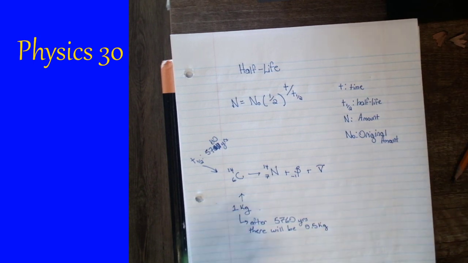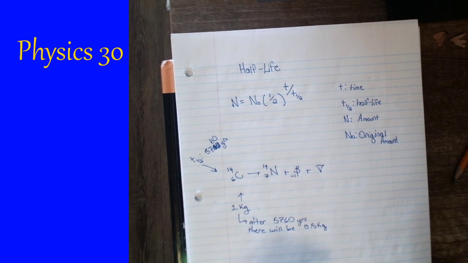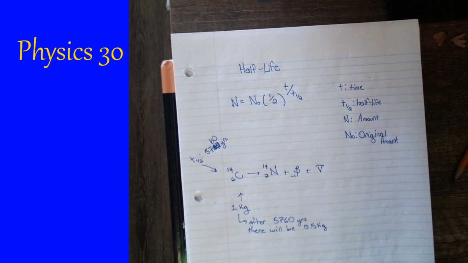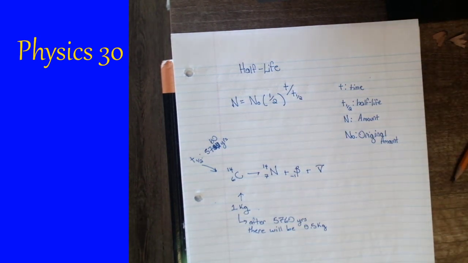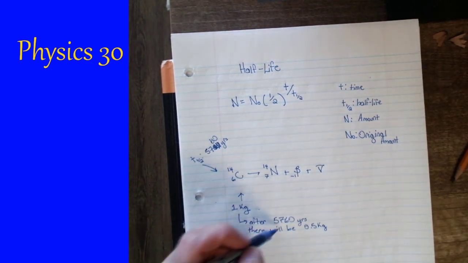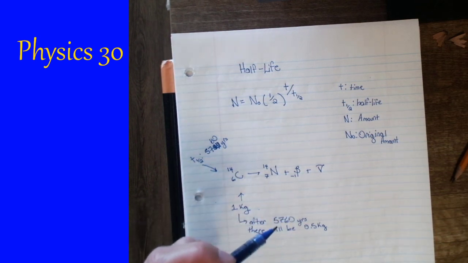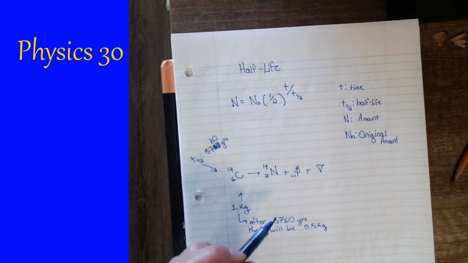Then after another 5,760 years, there would be 0.25 kilograms remaining. And after another 5,760 years, there would be 0.125 kilograms remaining. That's kind of how half-life works. It's not that everything decays in this amount of time. It's that that's the amount of time it takes for half of the amount to be remaining.